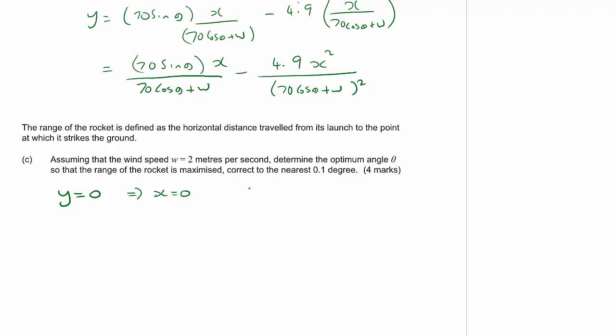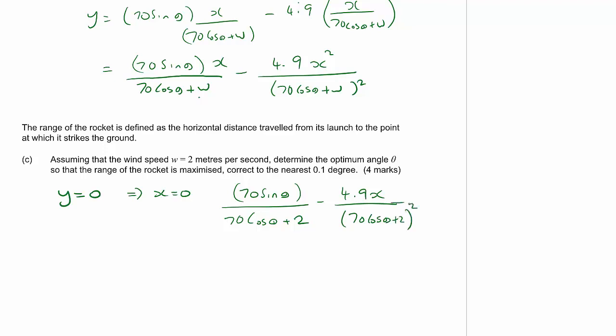And the other solution is when 70 sine theta over 70 cos theta plus 2, remember we were told to take w equals 2, take away 4.9x. So I've eliminated the x equals 0, so now I can divide through by an x, over 70 cos theta plus 2 squared equals 0.